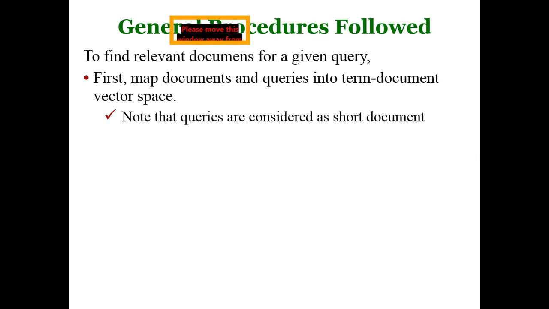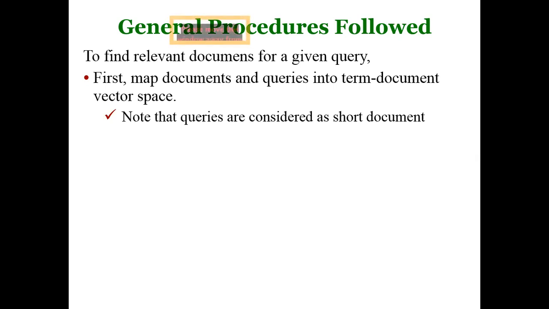In general, from an IR model, we are expecting the following major step-by-step procedures. The IR model first maps documents and the queries into a term-document vector space. So it lists terms against documents and the queries.